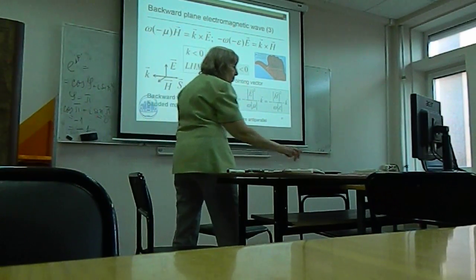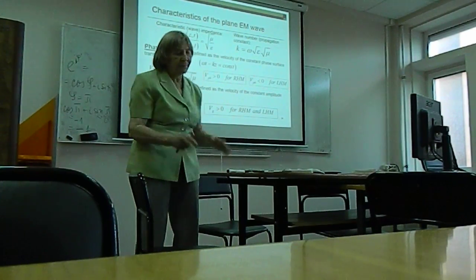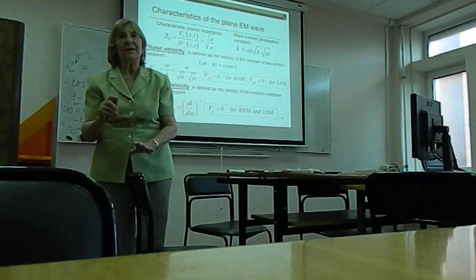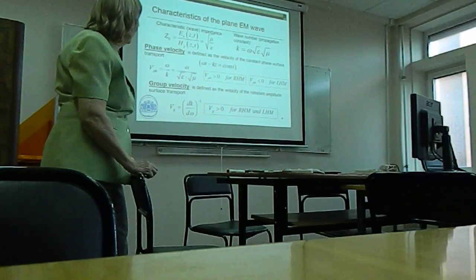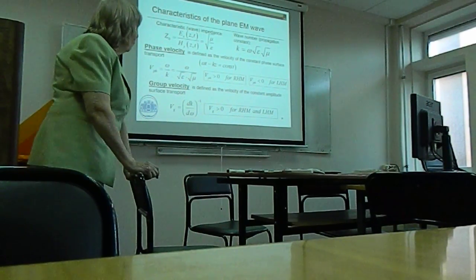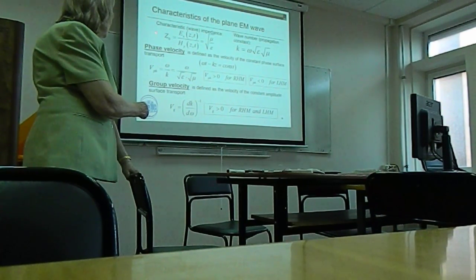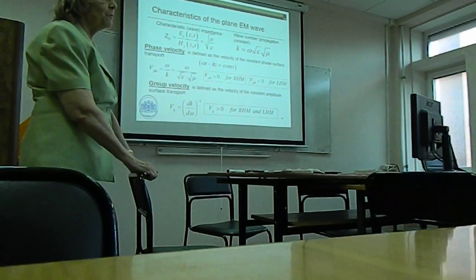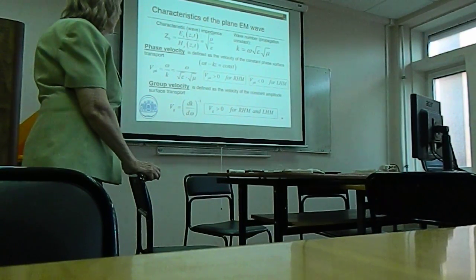And let's go. A lot of parameters, but it is very important. I will try to explain. What parameters do we have here? First of all, the characteristic or wave impedance of the electromagnetic wave. What is this?